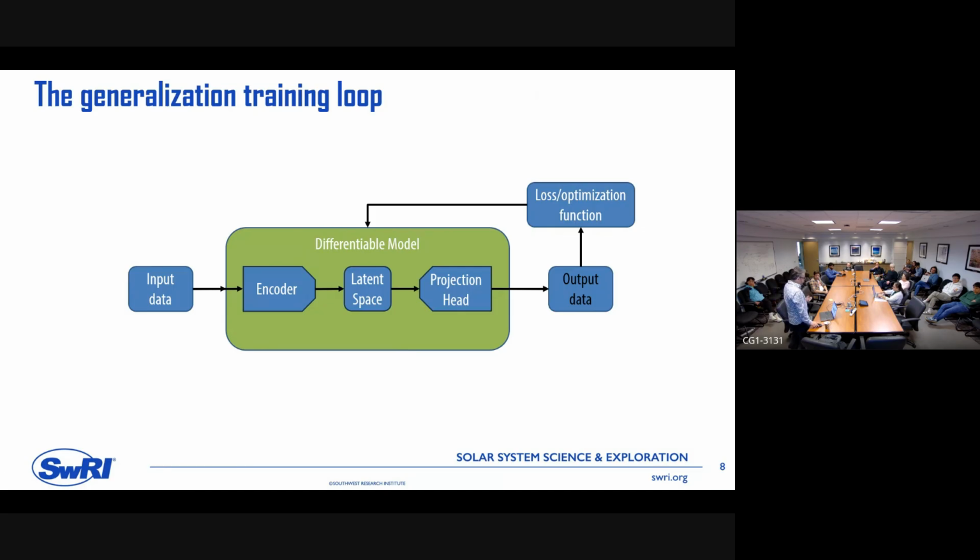And then you have a projection head that connects from that latent into your target space. Okay. This is useful because it breaks that box that was the differentiable model into components.